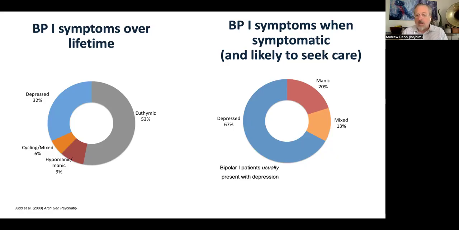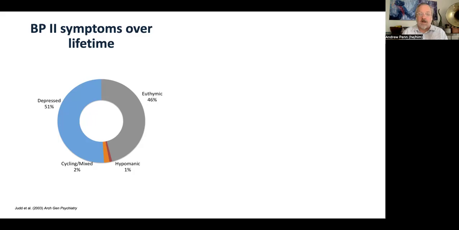Usually depression. Now, if you work in an inpatient setting or a psych emergency, you might see manic symptoms for sure, because that's often where those present. But generally, in your outpatient clinical setting, you're going to see bipolar 1 folks with depression, which means if you don't ask about a history of mania, you're going to miss it. With bipolar 2, it's even more of a challenge. So you can see here, this is really an illness largely of depression.